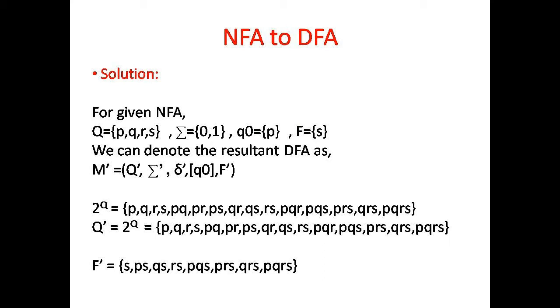After that, we have to find the set of final states. Here, the given NFA has the final state S. We have to consider all the states containing S as a member as final states for the resultant DFA, because S is the final state for the given NFA.